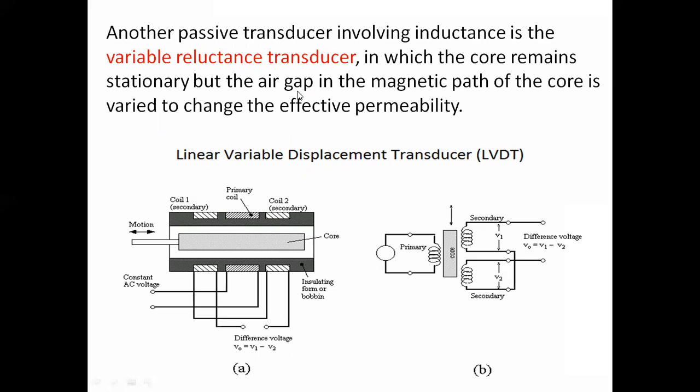So due to that, the reluctance of the transducer will change. That is, a change of the effective permeability. So that will be identified by using the change of the inductance value. That inductance value is measured by using AC bridges.